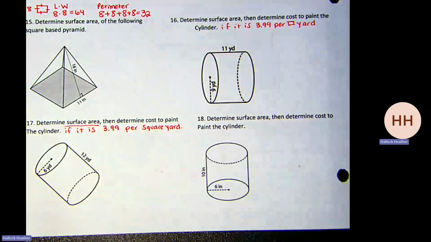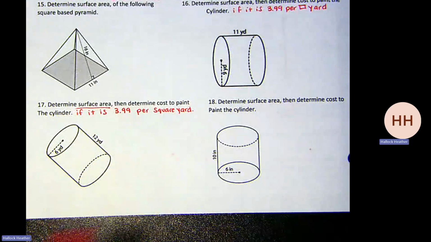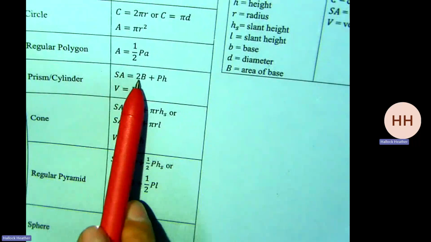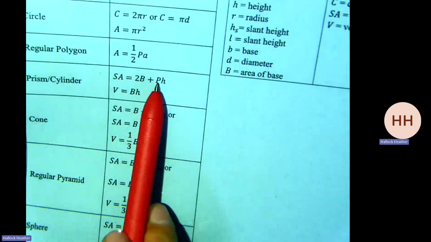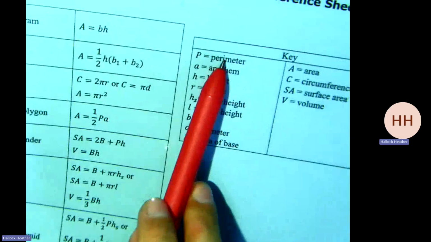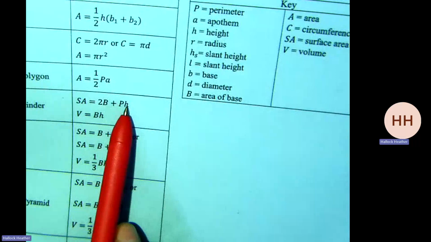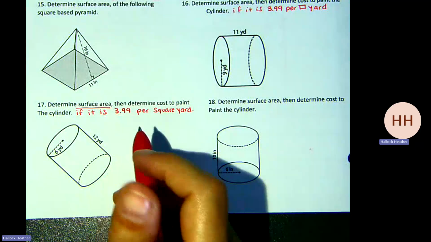Okay, so we are going to find the surface area of a cylinder. If I look at my formula sheet, I have a cylinder. This time I'm using surface area. 2B, big B is the area of the base, plus P, which is the perimeter of the base, multiplied by the height, which is H. So I'll write my formula down.